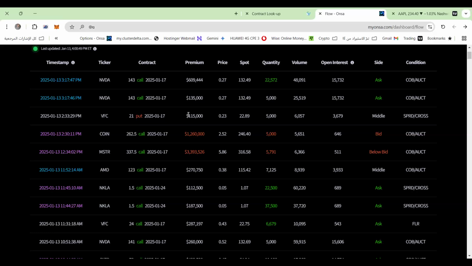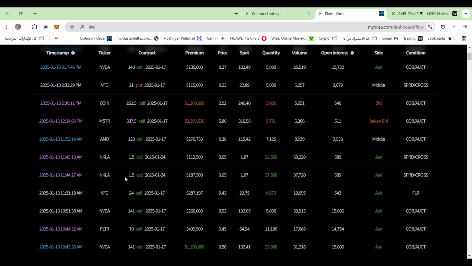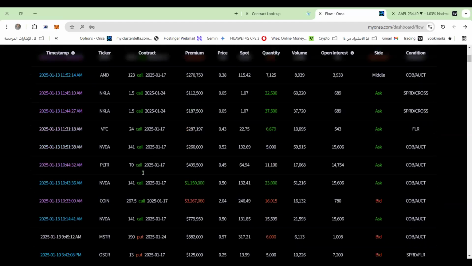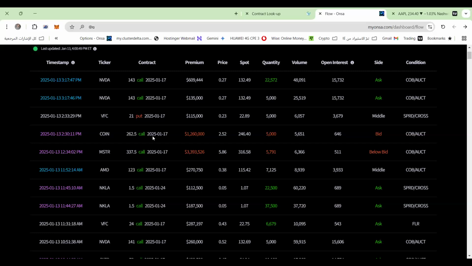So it's better to use out of the money, which is OTM, rather than at the money. This is number one. Number two, the amount should be more than 100,000. And again, it's very useful to read the flow over the filter and try to find out what we've got.